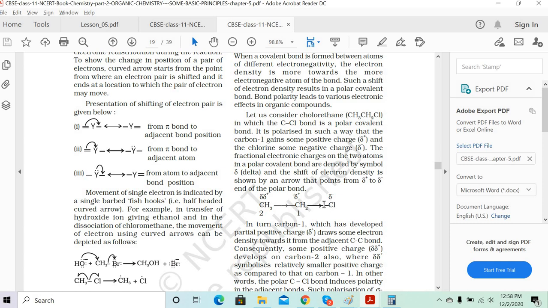That's the arrow you see here towards the chlorine. It means the electrons are moving towards the chlorine. So chlorine attracts both electrons shared in the bond towards itself, developing a slight negative charge. Clear? Okay.